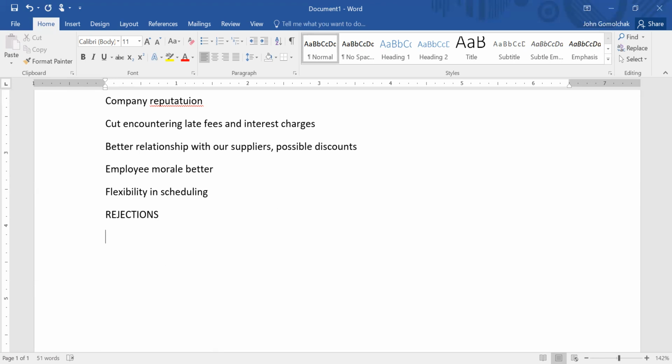Okay, so not in budget. Physical space. Office equipment. Computer.